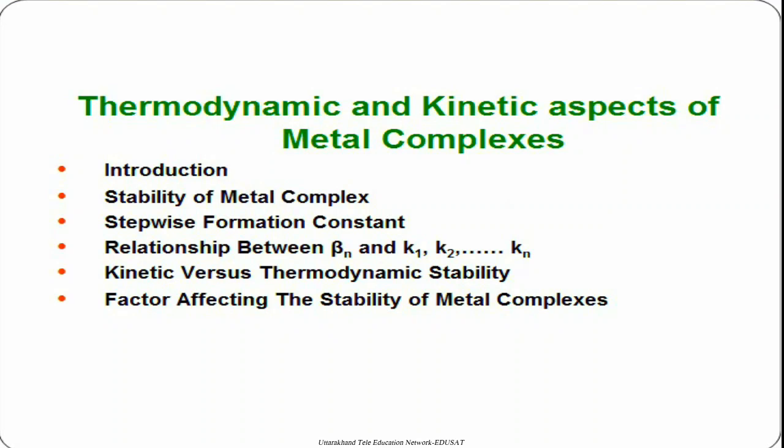For example, we can express beta 3 as equal to the active mass of ML3 in the numerator, divided by the active mass of M into L cubed, as 3 ligands are there. On multiplying the numerator and denominator of the above equation, we get beta n equal to K1 times K2 up to Kn.